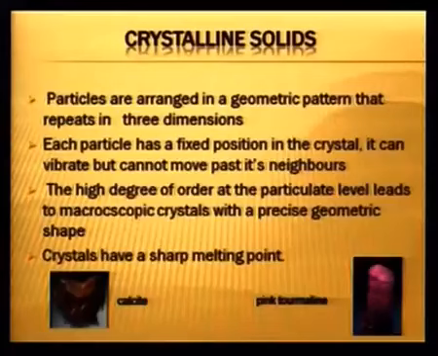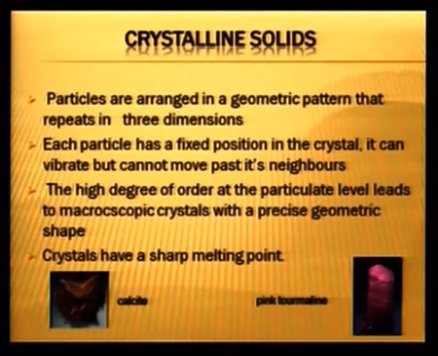The properties of crystalline solids can be explained on the basis of the arrangement of particles. The particles are arranged in a geometric pattern which repeats in 3 dimensions. Each particle has a fixed position in the crystal. It can vibrate but cannot move past its neighbors. That means it will maintain its own position.